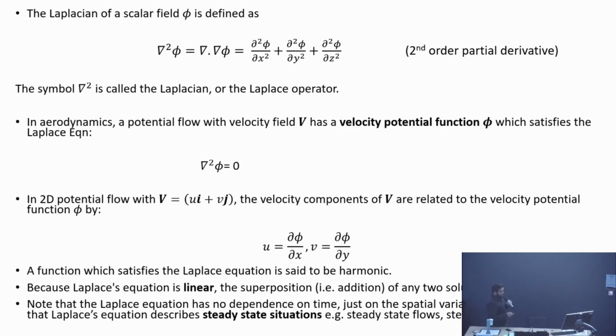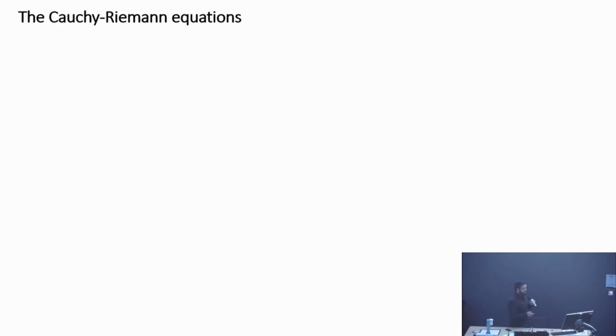So how do the Cauchy-Riemann equations arise, and why are they important? We start with the following: I have a complex function f of z, where z is of course the complex variable, generally x plus i times y, where i is the imaginary number.